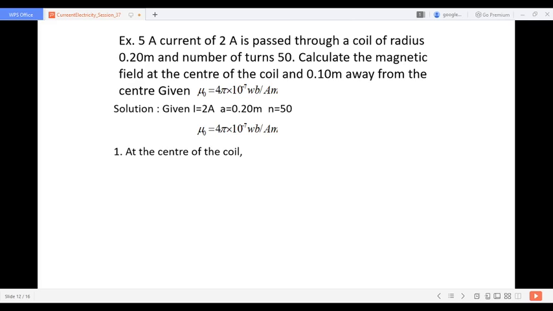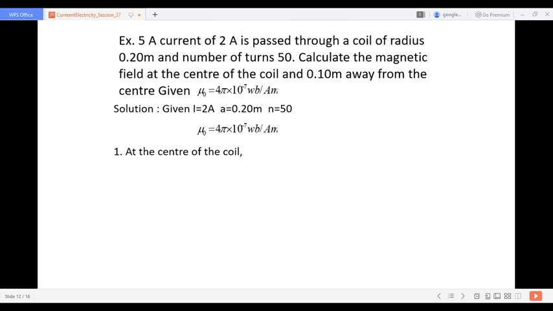Given mu naught is 4 pi into 10 raised to minus 7 Weber per ampere per meter. So the given things I have noted down. I is equivalent to 2 ampere, radius A is equivalent to 0.20 meter, number of turns N equal to 50, mu naught equal to 4 pi into 10 raised to minus 7 Weber per ampere meter.